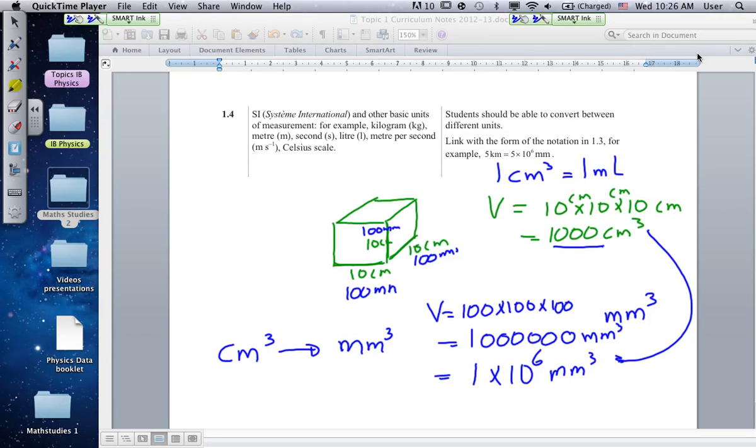What did I multiply by here? I multiplied by 1,000. That makes sense because your conversion from centimeters to millimeters is times by 10, so it's times by 10, times by 10, times by 10, which is times by 1,000. But you just got to be careful with this when you're doing these conversions. Just watch out for that.